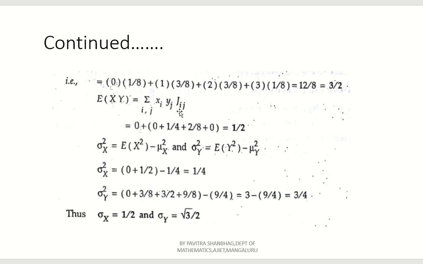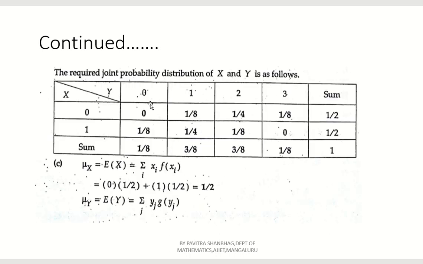Now find out the expectation of xy, that is E of xy, which is nothing but summation xi yj into jij. So x1 y1 j11 plus x1 y2 j12, like that you have to compute everything. At the end you will get 1 by 2. So how many possibilities? Here j11, j12, j13, j14: x1 y1 j11 plus x1 y2 j12 plus x1 y3 j13 plus x1 y4 j14.